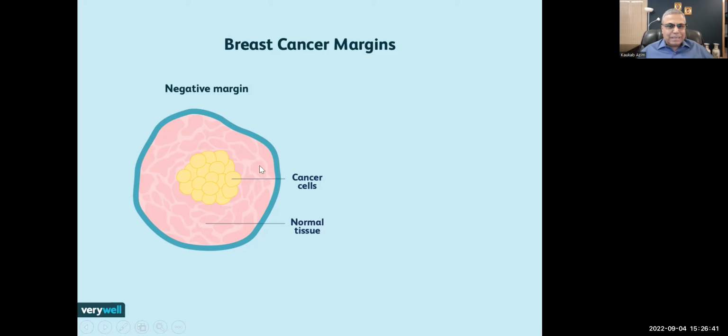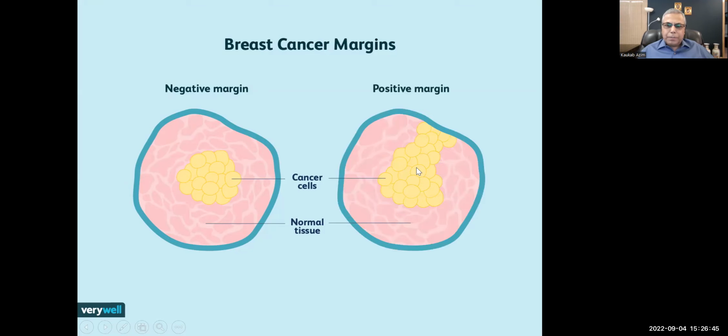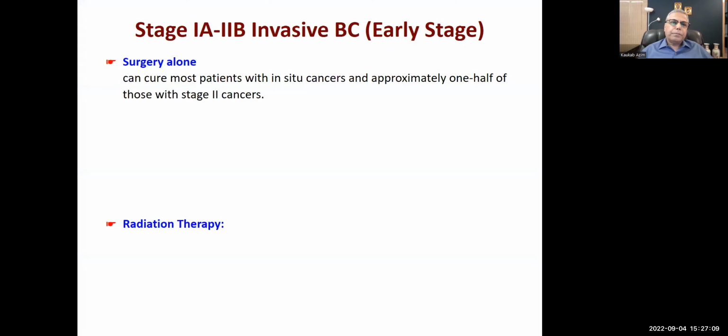Now, in this case, the margins are negative. But if you look at this one, on this side of the margin, you found some cancer cells. Now, this means that some cancer cells have been left behind in the breast. And that is a little bit dangerous because they can again start growing and they can form a new cancer. So what we do about them is that we give radiation or we give chemotherapy to kill these cells, okay?